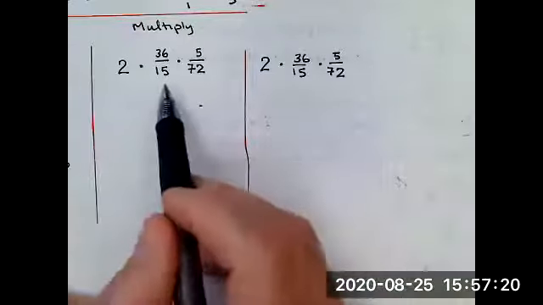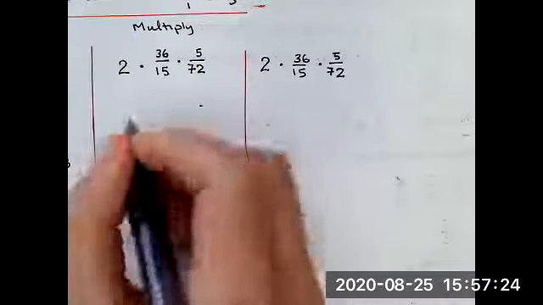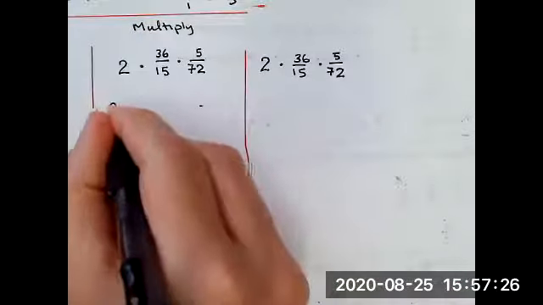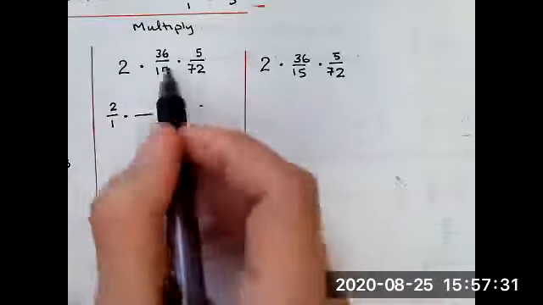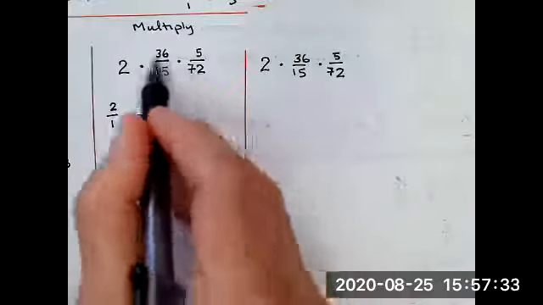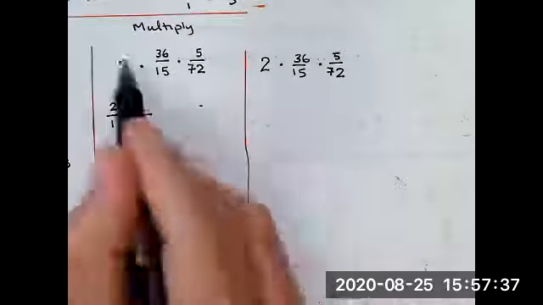All right, the next example, you notice that I've written it down twice because I wanted to talk about the fact that you can break it down however you like. As long as you keep going, you'll end up with the correct answer.